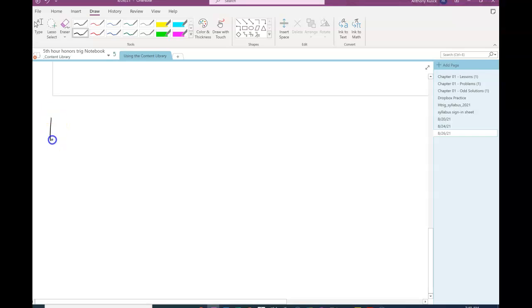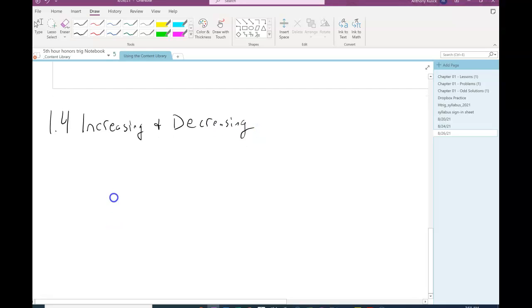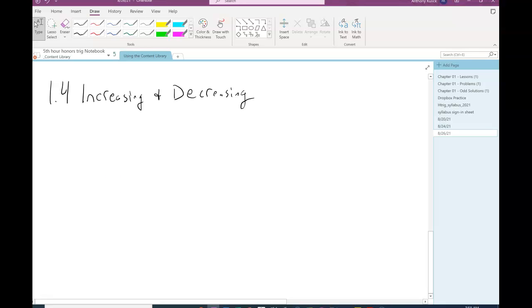Today, we're going to start with section 4, talking about increasing and decreasing functions. So I'm just going to start with a couple of definitions.